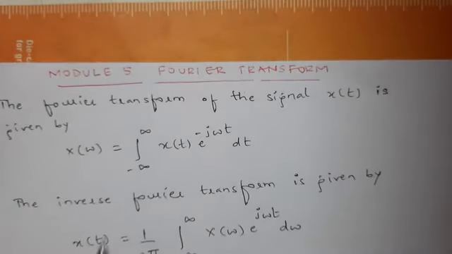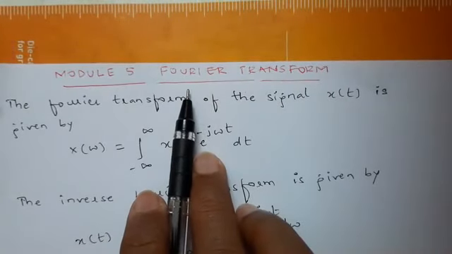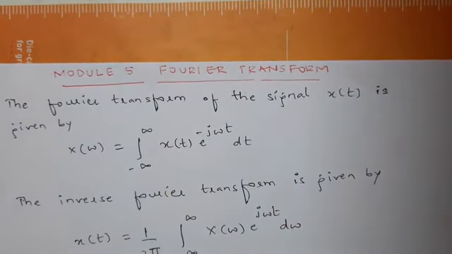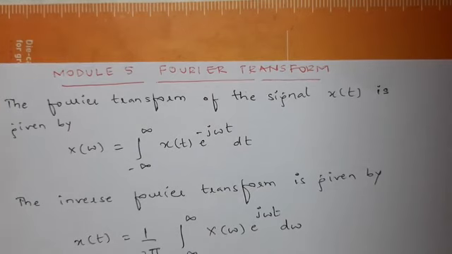So this Fourier transform, okay, in the previous module we have studied Fourier series. Basically Fourier representation, either it is Fourier series or Fourier transform, is applied to both continuous time signals and discrete time signals. Then why are there two, that is Fourier series and Fourier transform, separate?